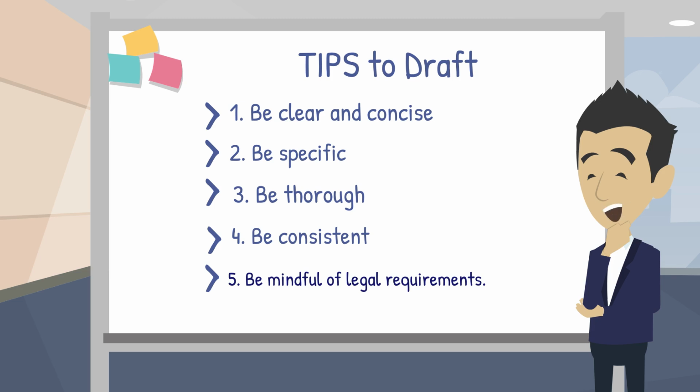Be thorough. Don't leave anything out. Include all necessary terms and conditions to ensure that the agreement is complete. 4. Be consistent. Use consistent language throughout the contract to avoid confusion. 5. Be mindful of legal requirements. Make sure that the contract complies with all applicable laws and regulations.